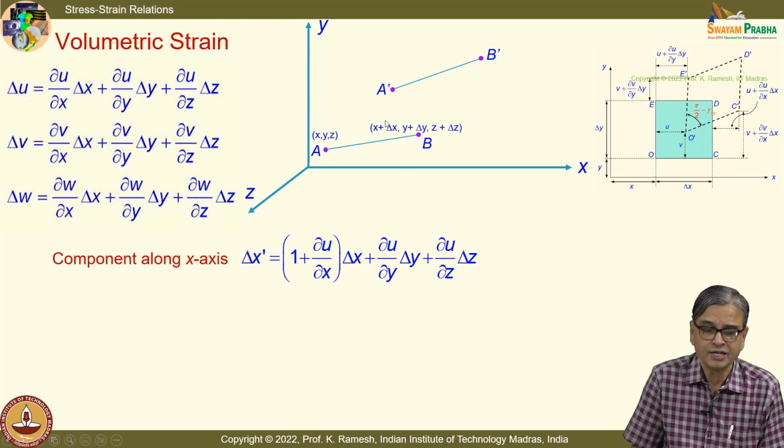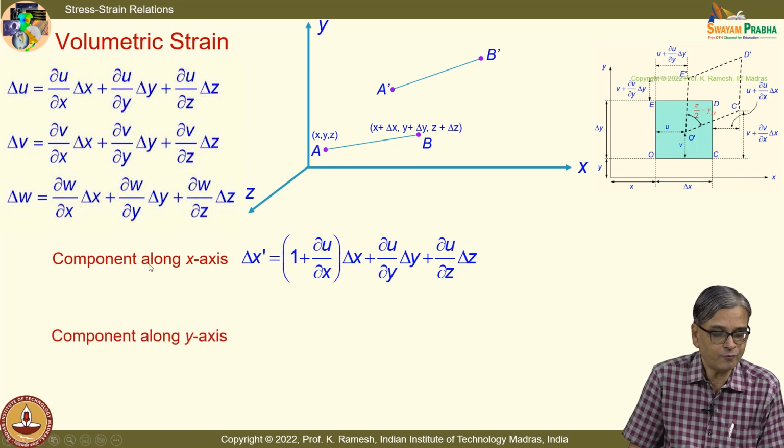Fine. You have this as x plus delta x, y plus delta y, z plus delta z, and when I go to this point B prime, you will have all these quantities plus delta u, delta v and delta w. So, when I look at what happens to point B prime, this is what would happen.